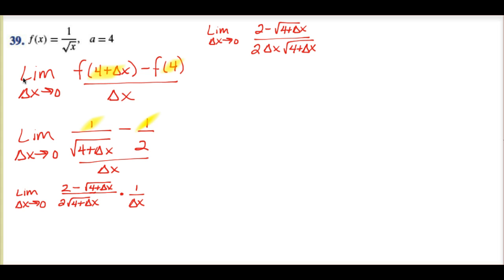And so now we're going to have to multiply the top and bottom by the conjugate, which will be 2 plus the square root of 4 plus delta x.